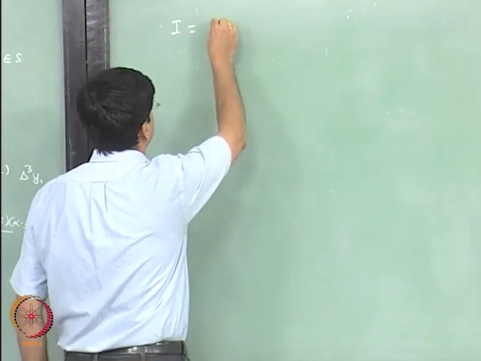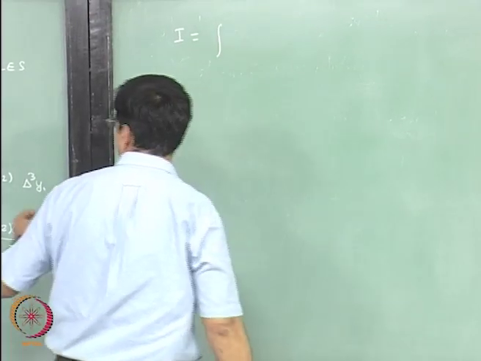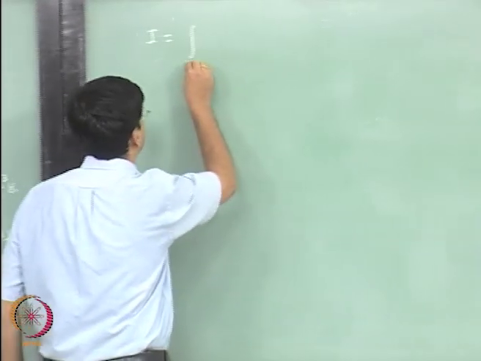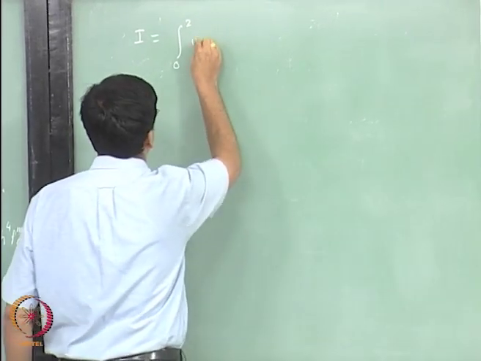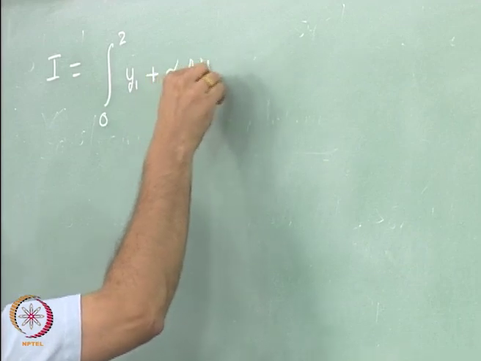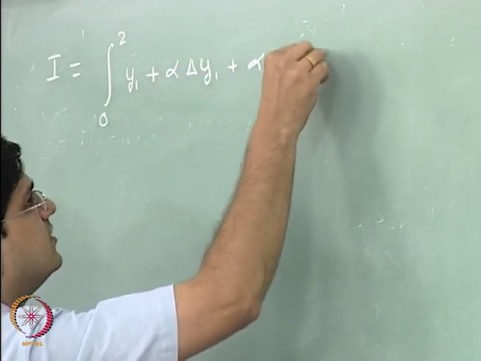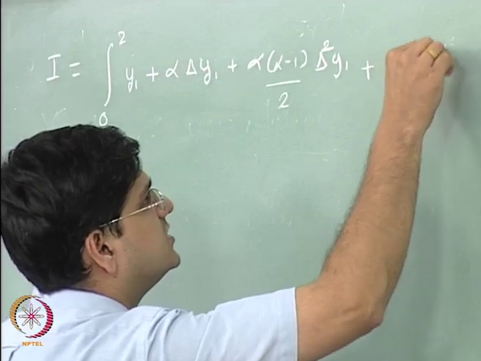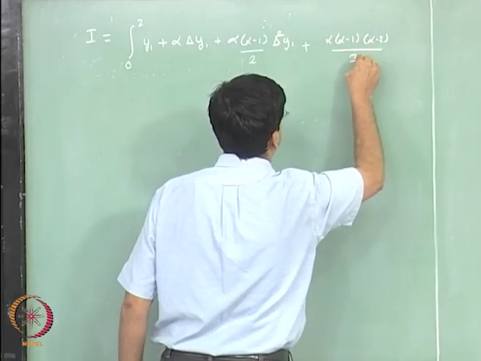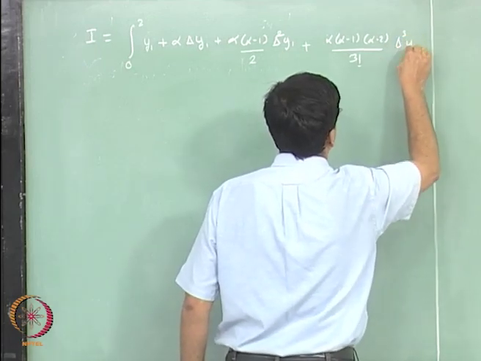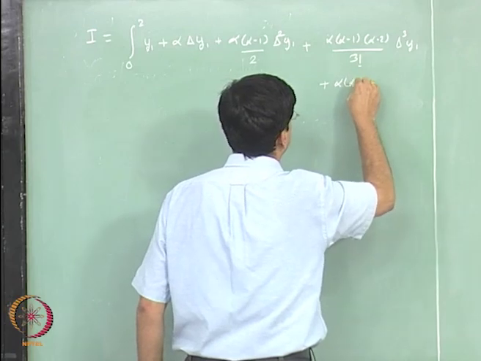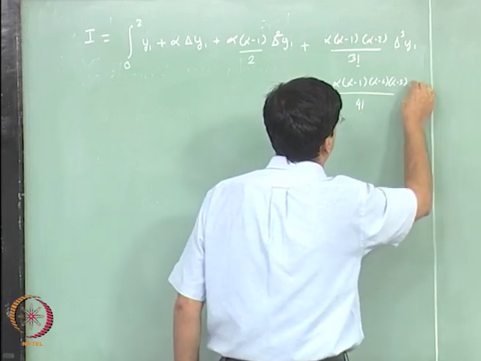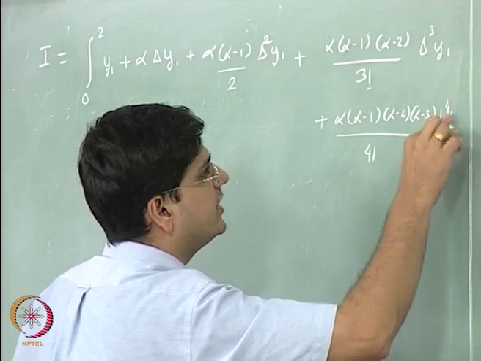So our integral I, the numerical integral I, is going to be the integral from x1 to x3, which is alpha equal to 0 to alpha equal to 2, of y1 plus alpha delta y1 plus alpha minus 1 delta squared y1 by 2 plus alpha minus 1 alpha minus 2 by 3 factorial delta cubed y1 plus alpha minus 1 alpha minus 2 alpha minus 3 by 4 factorial h to the power 4 f4 dash.